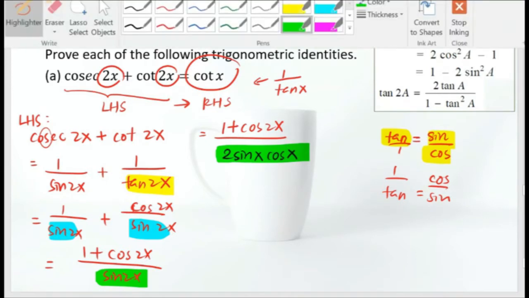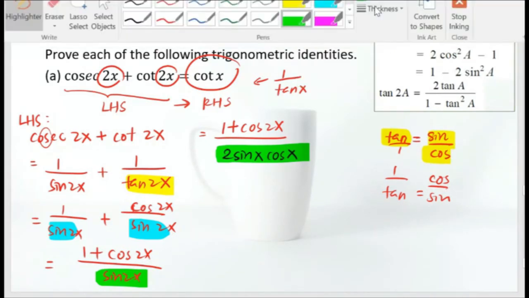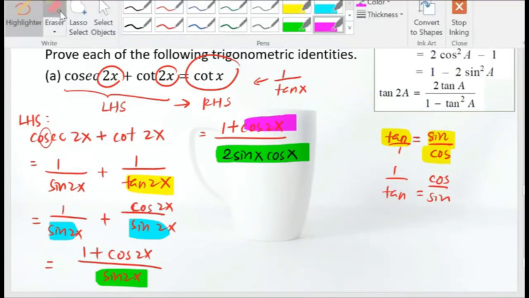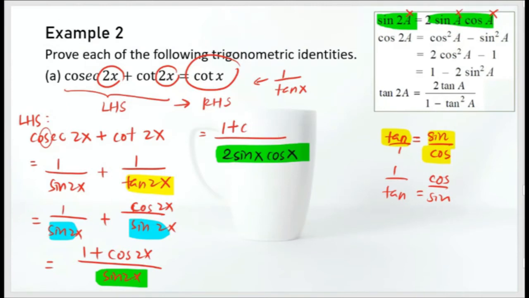So now we need to work on the cos 2x part. For cos 2x, we have 3 formulas.